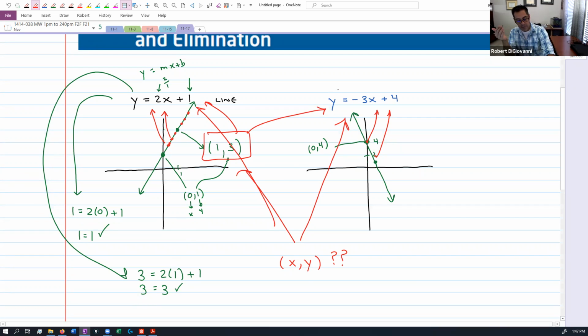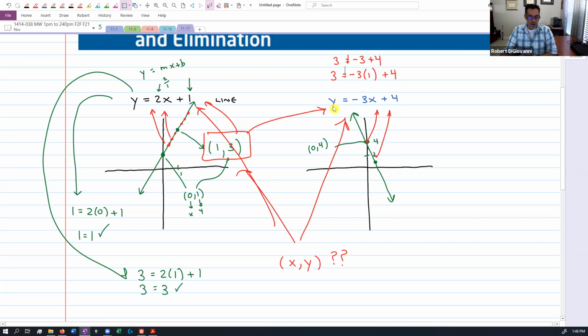If we replace the y with 3 and we replace the x with 1, is it true? Let's see, 3 equals negative 3 plus 4. That's not true, right? So even though this point is a solution to that equation, it is not a solution to this equation.